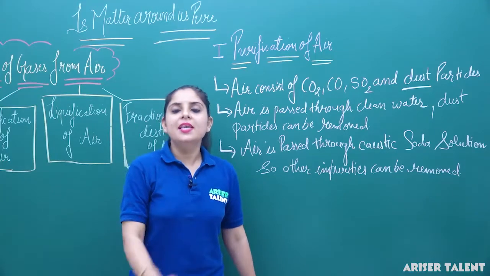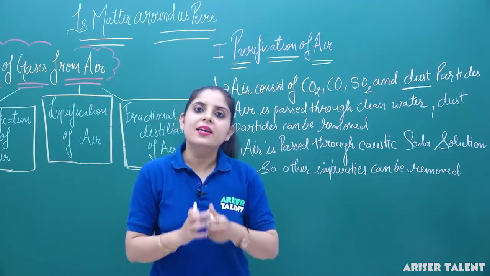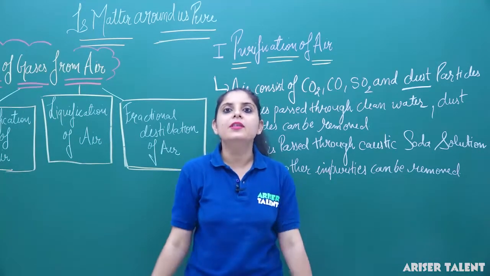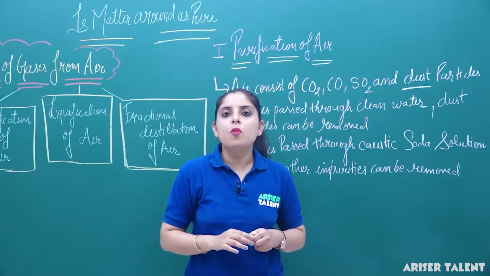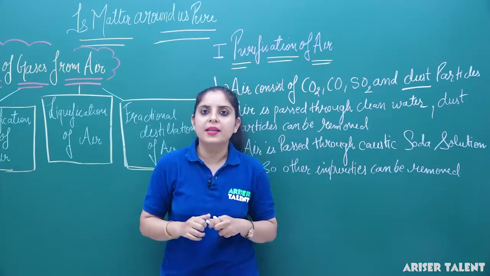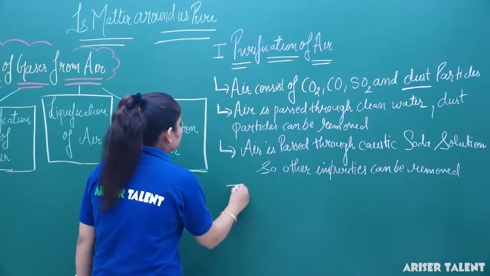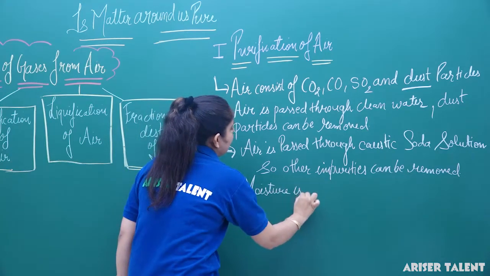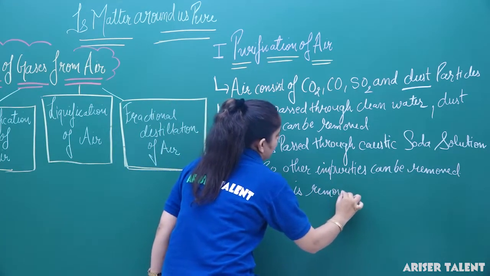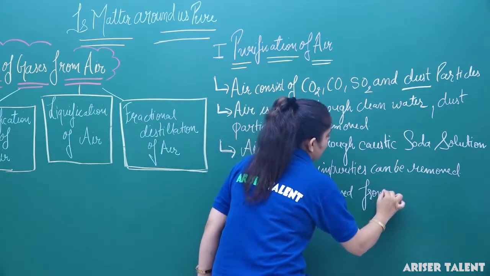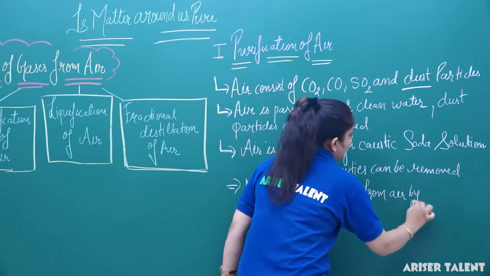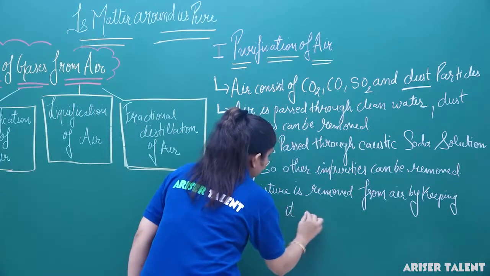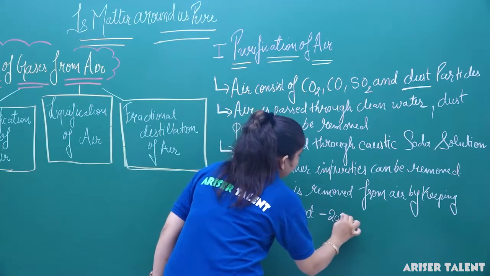Once the air is passed through the caustic soda solution, you will get air that is entirely clean. Now this air has moisture, so this moisture is removed by lowering the temperature. The last step is that moisture is removed from air by keeping it at -20°C.